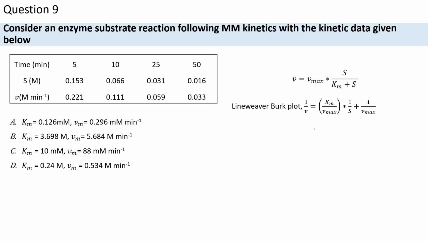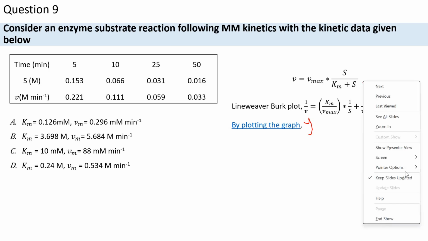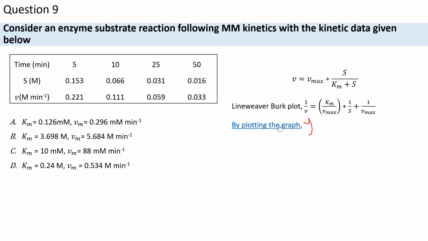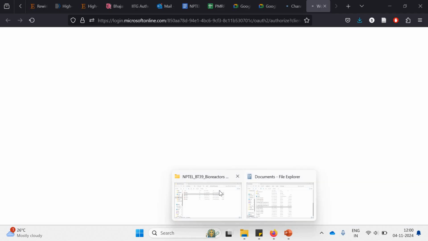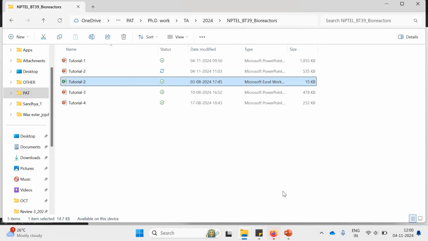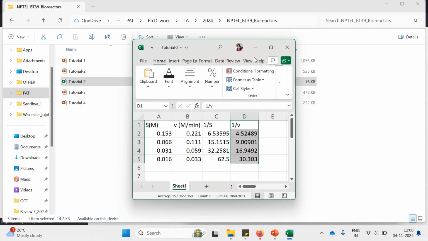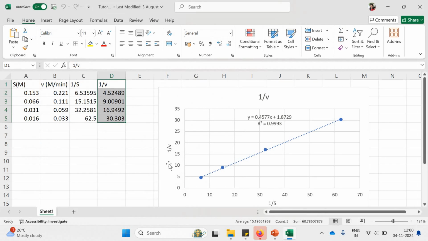So this corresponds to Y is equal to Mx plus C. First we'll plot the graph, and I have already done that for you. We have to plot 1 by V on the y-axis and 1 by S on the x-axis.